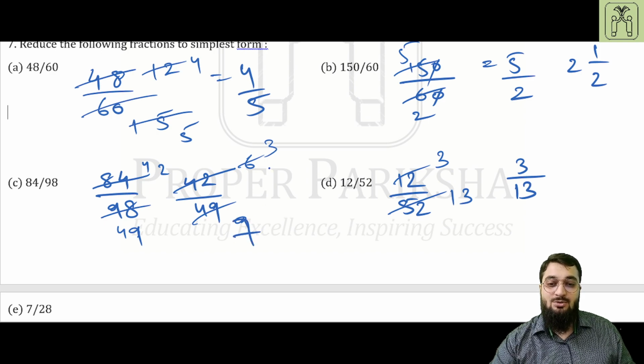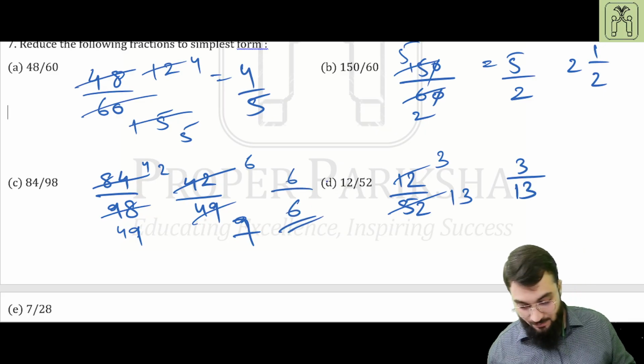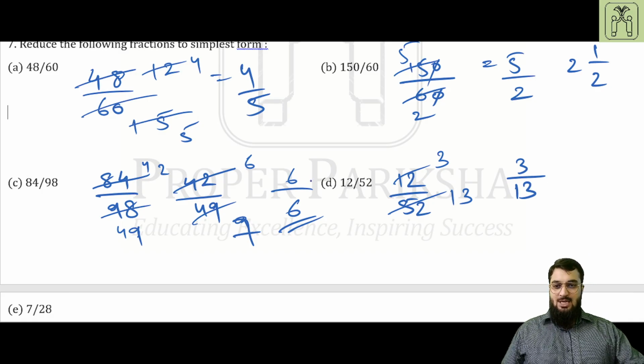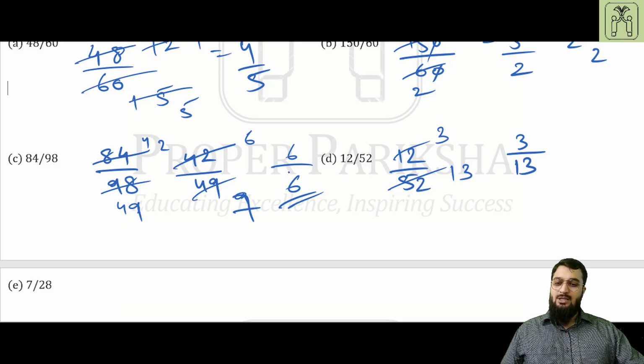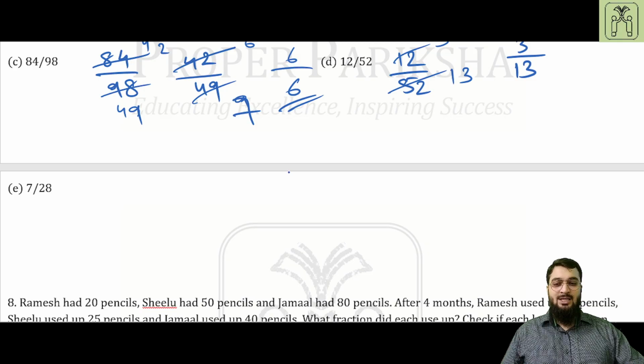Sorry, so this will be 6 upon 7. Okay, my bad. So the calculation mistake has been remedied during the lecture. Okay, coming to part E, 7 upon 28. What will be the answer? 7 fours are 28, and therefore it will be 1 upon 4.